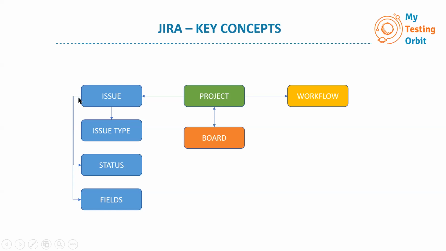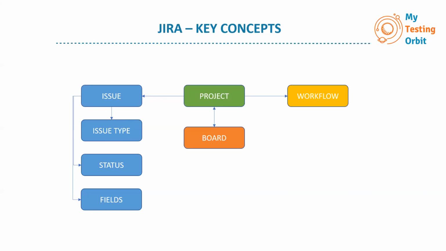So we now know what an issue is. Then the next question is what kind of issue it is. That is specified by the issue type. There can be different types, and we can add additional issue types as well.